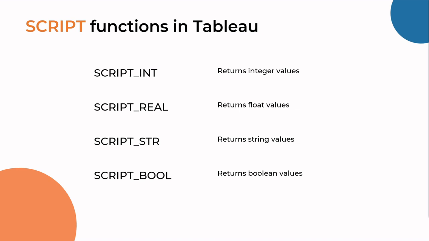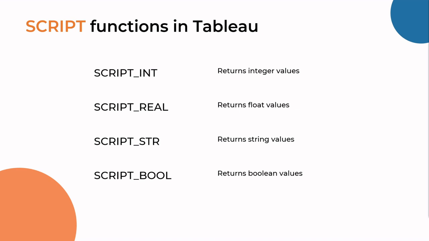And these 4 functions that are on the screen now are used depending on what you're going to return from your script. Say, if you're writing a script that will return some numbers, for example, integers, you would need to use the script_int function. If you're going to return a text, a string, then you're going to use a script_str. So these are 4 functions that are available for you in Tableau.